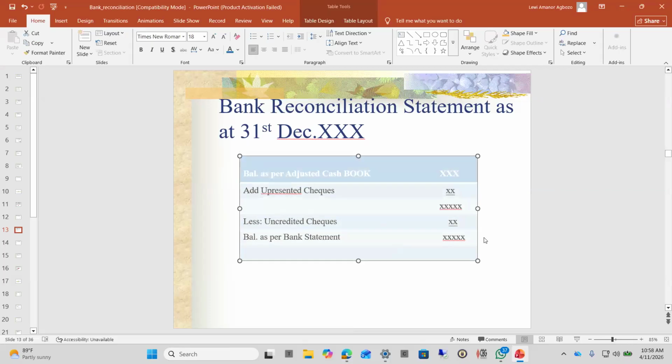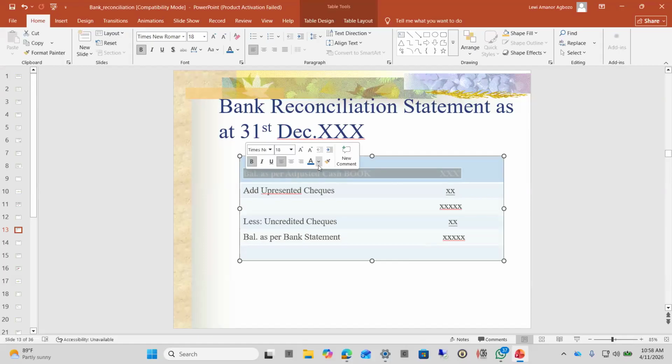Is it showing well to you? Yes, sir. So this is the format for the bank reconciliation.